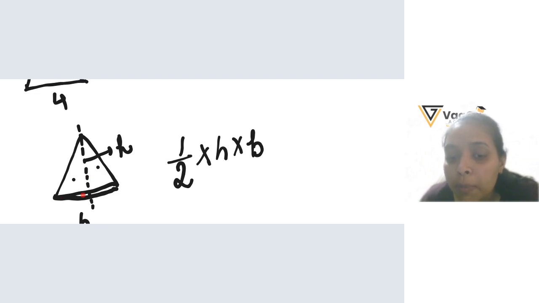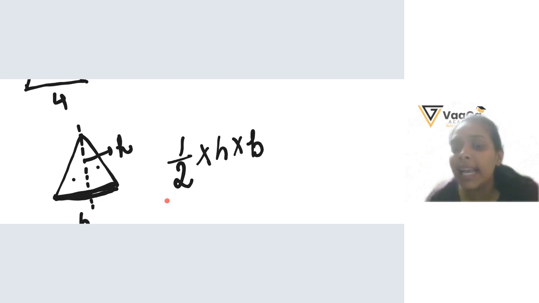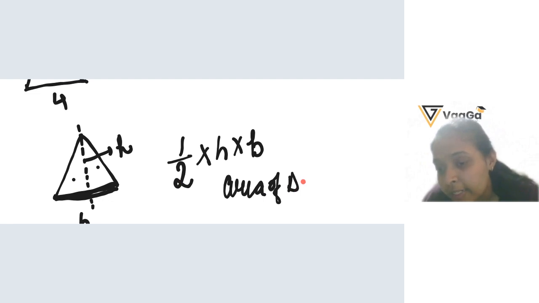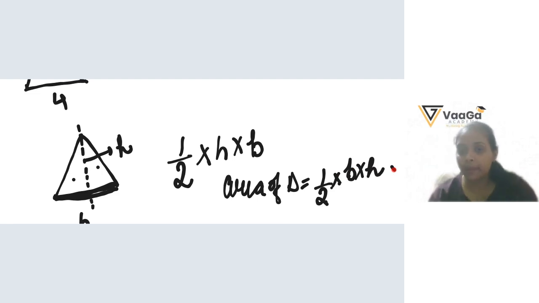If I am using the whole base, this means I am considering the full triangle, but I need to calculate the area for the half of the triangle, because that's when I am getting the height. Are you getting my point? So what is the area of a triangle? Area of triangle is half times base times height. Okay?